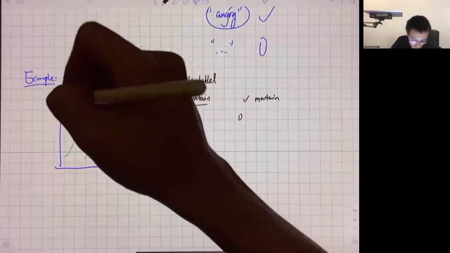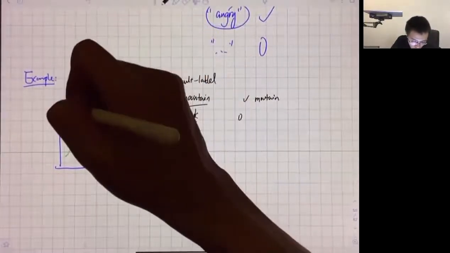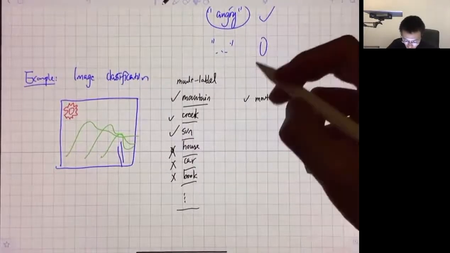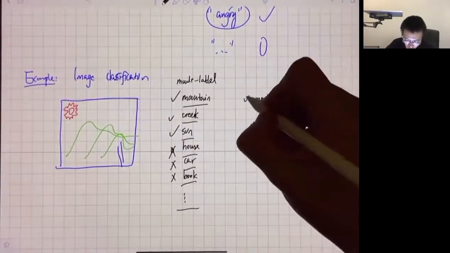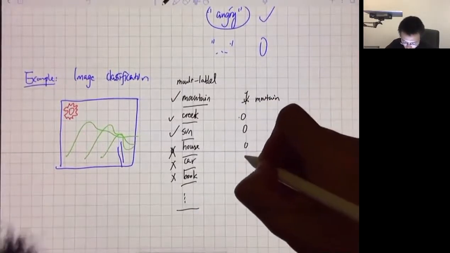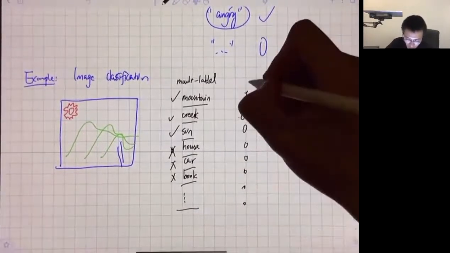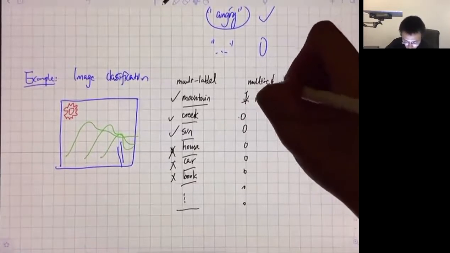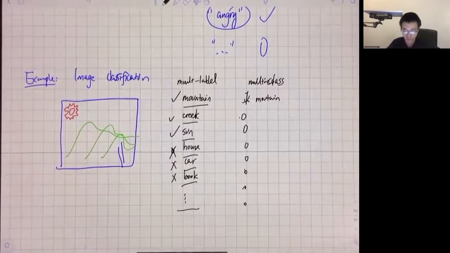It's not the sun either. So if your target only says it's mountain, not creek, not sun, then again it becomes a multi-class classification.